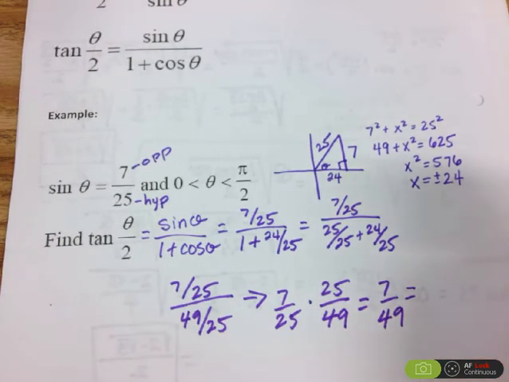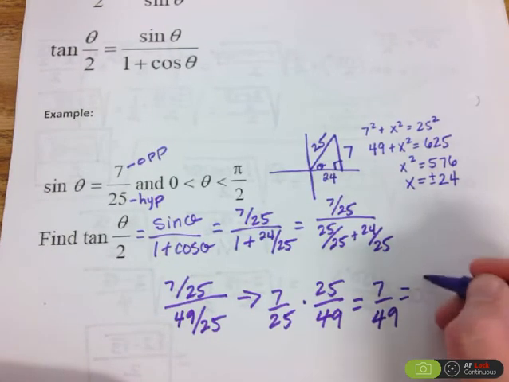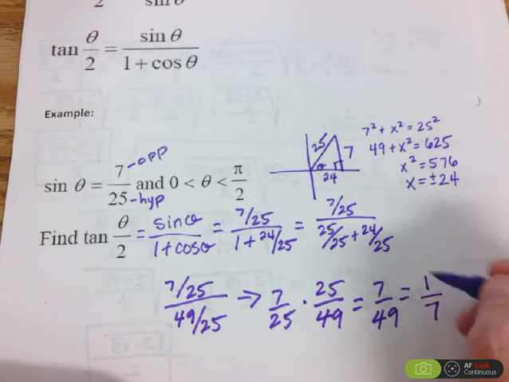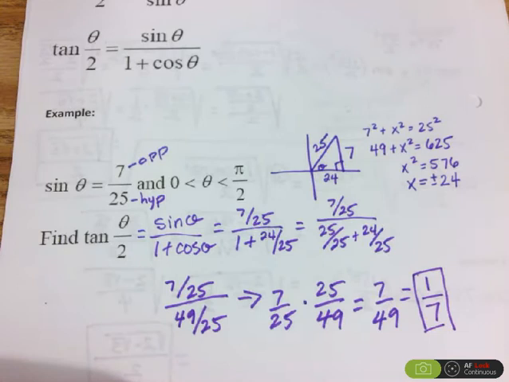What's my final answer? 1 over what? 1 over 7. Good. That wasn't bad.